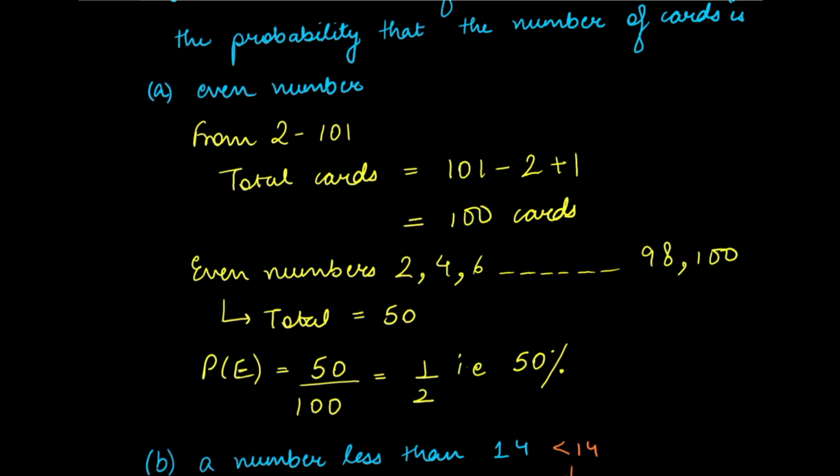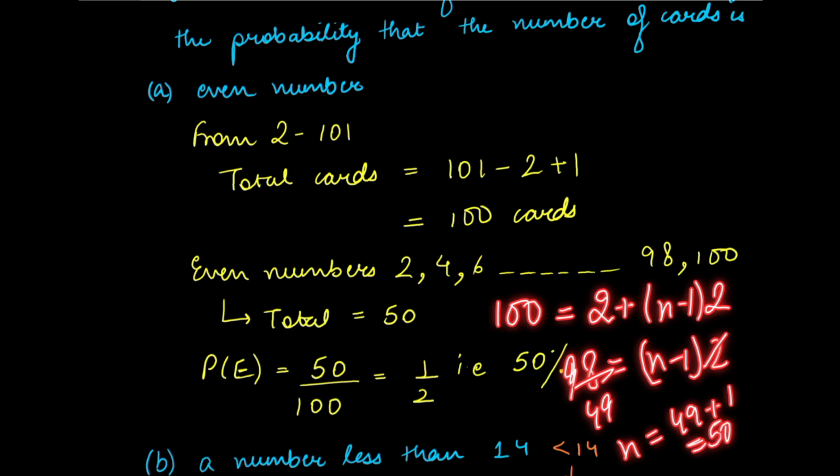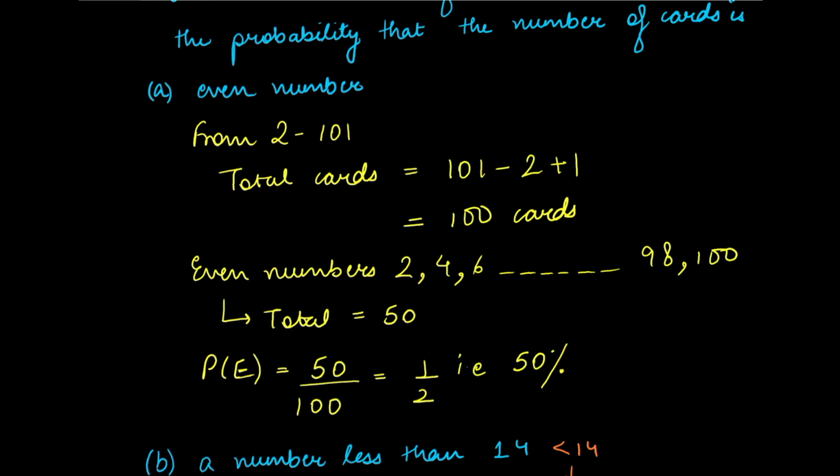The last term 100 is equal to a plus n minus 1 into 2, that gives us 98 equal to n minus 1 into 2, so 49 equals n minus 1, which gives n equal to 50. So the probability is total favorable outcomes 50 divided by total possible outcomes 100, that is 1 by 2, 50%.